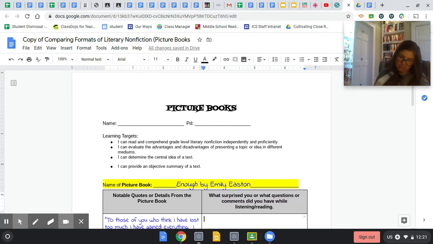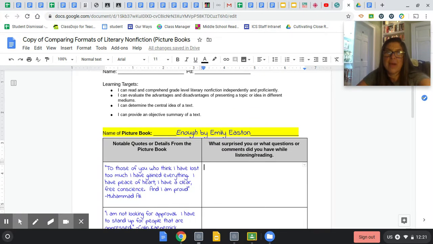So you can look at the artwork in the picture book that you read. Oftentimes there are always quotes in nonfiction. What was interesting that came from the mouths of the famous people that you are reading about? So that's what Mrs. Ash did here to model it for you.